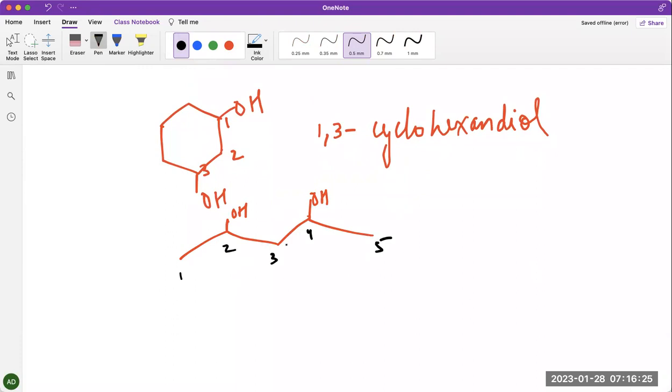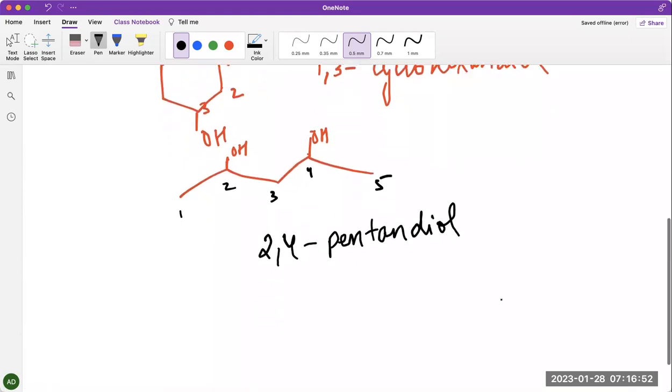If you count from here, 1, 2, 3, 4, 5, same thing, 2 and 4. So this time I have pentane. So this guy is pentane diol, right? But those ols are at 2 and 4. So 2,4-pentane diol, or you can just call this pentane-2,4-diol, and that's also totally fine.